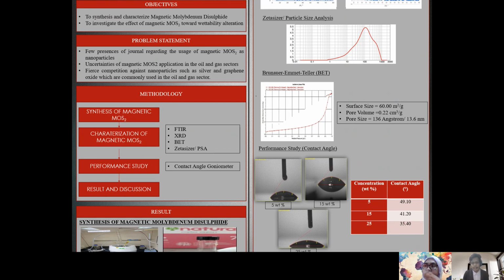Then the dispersed solution will undergo ultrasonication using an ultrasonic cleaner. This method is crucial in synthesizing because the ultrasonic cleaner is used to exfoliate the MoS2 before we can proceed to the next step.